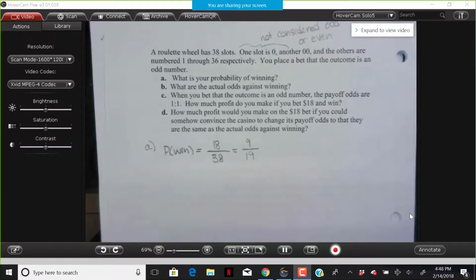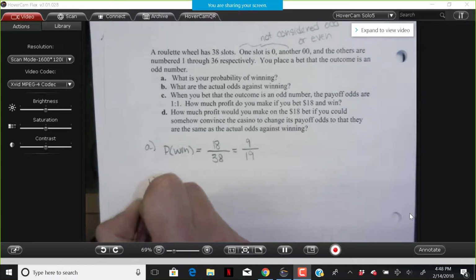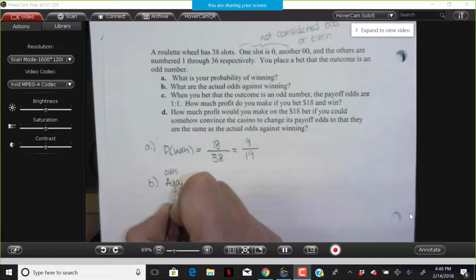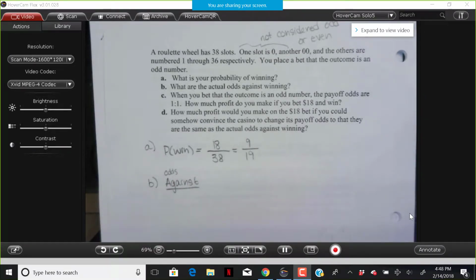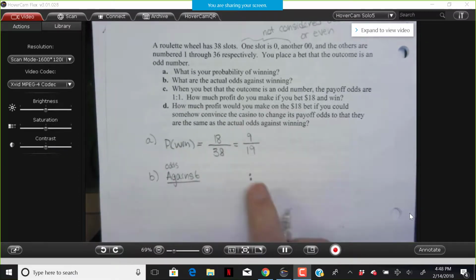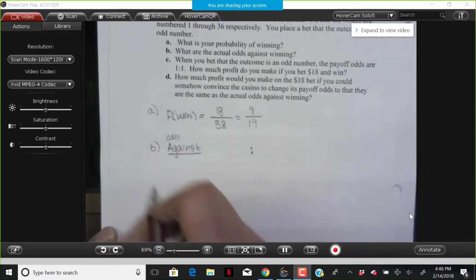Part B, what are the odds against winning? When they do odds against, on Monday we talked about odds in favor. If we were doing odds in favor, the numerator always went first. So for odds against, the numerator goes after the colon.